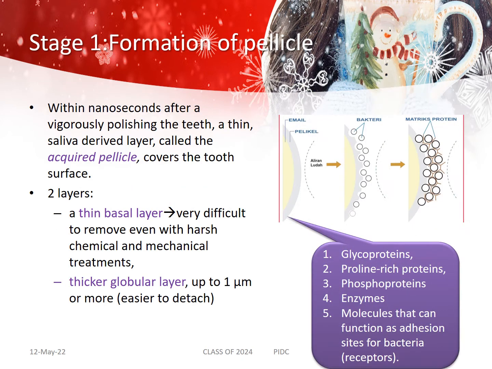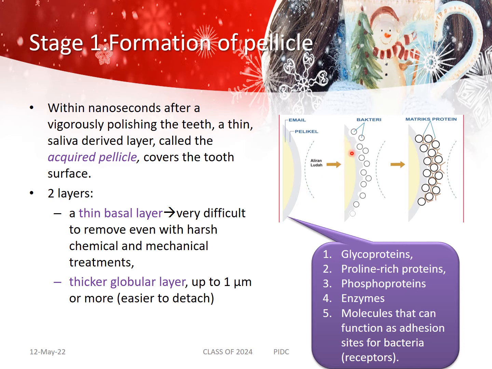Coming on to stage 1, that is the formation of the pellicle. Within nanoseconds of vigorous tooth polishing, you can see a thin saliva-derived layer on the tooth surface known as the acquired pellicle. So this is your enamel and this is your acquired pellicle. Everybody gets this within nanoseconds of tooth polishing. It has two layers.